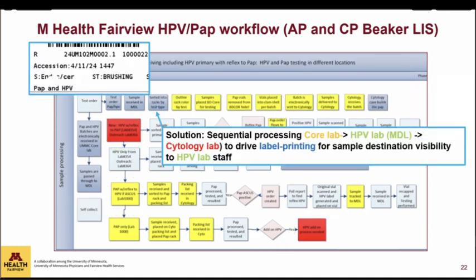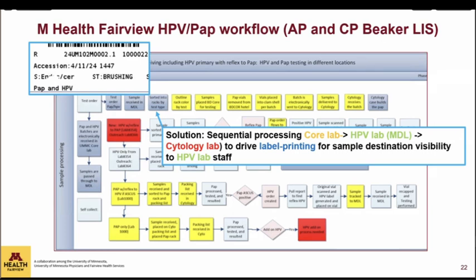And the way we have achieved this is by creating additional orders in Epic so that when the samples arrive first at the core lab and then go to the HPV lab, their processing in the HPV lab will drive label printing that makes the final destination visible at a glance without having to look in the EHR, and then the samples can be triaged that way.